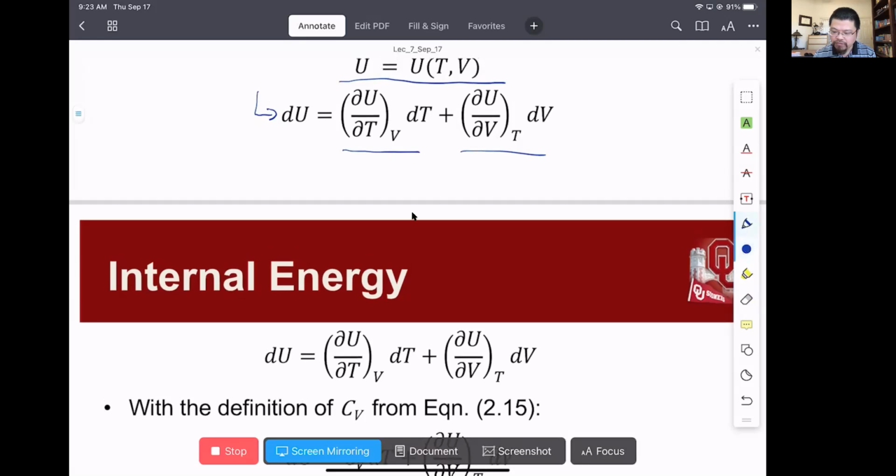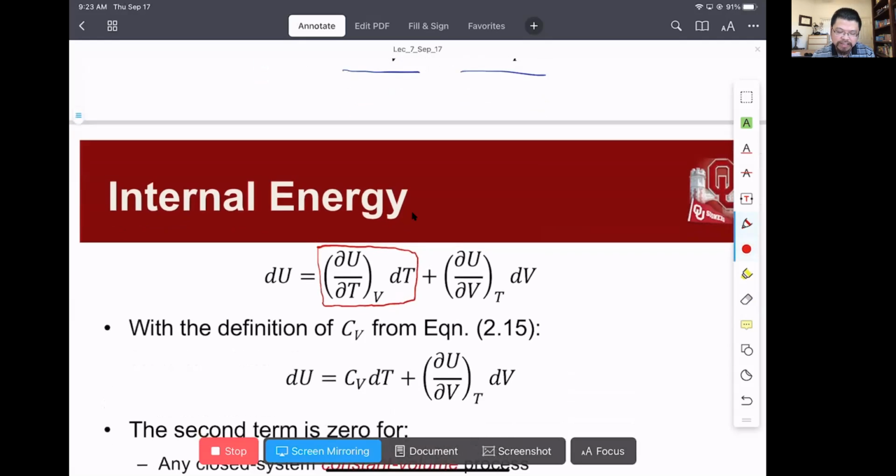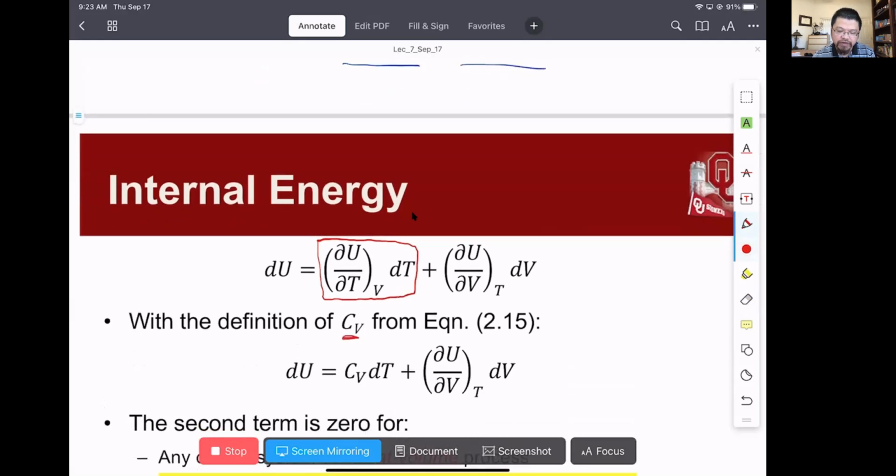If we take a look at this partial derivative of du over dT, while keeping the volume as a fixed value, then this is the definition of Cv, right? So du over dT, if you recall, is related with Cv.